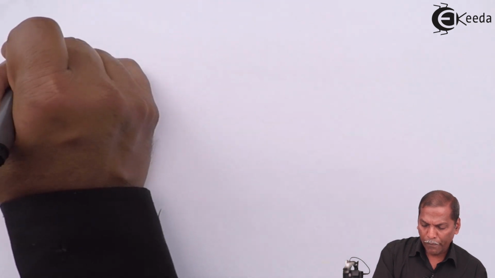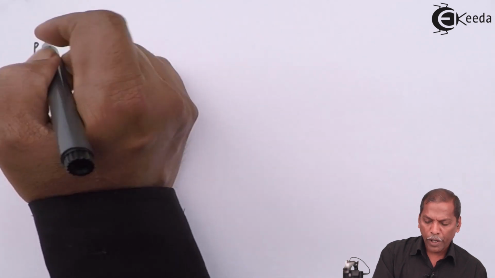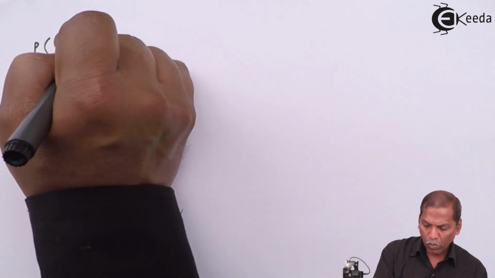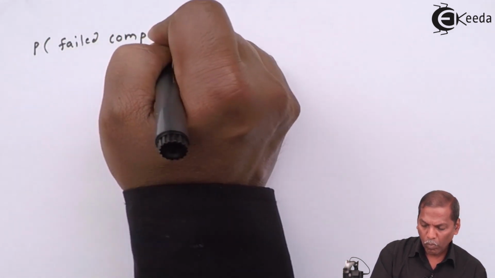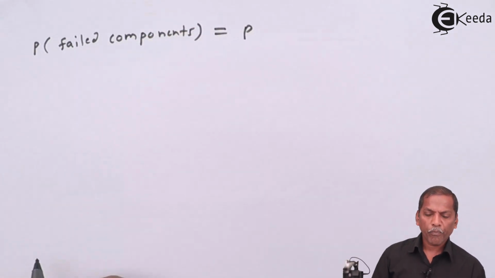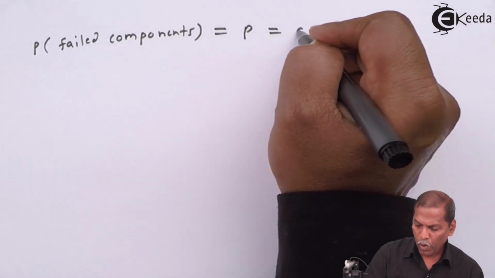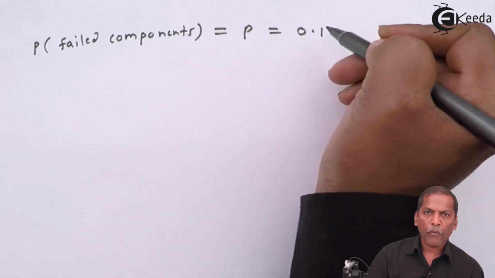Then the probability of a failed component is p, and that is given as 0.1.